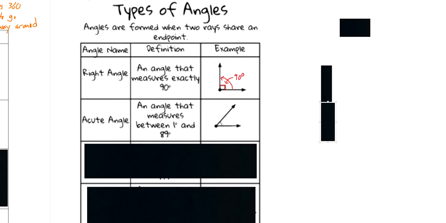We see here how the angle measure, this ray and this ray, the rotation needed to go from here to here is a lot less than it was up here for 90 degrees. So this is an angle measure less than 90 when it's acute.